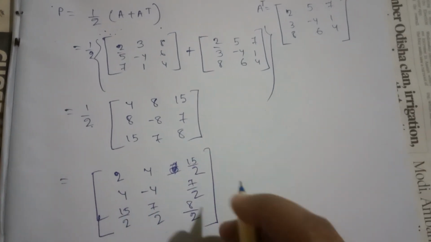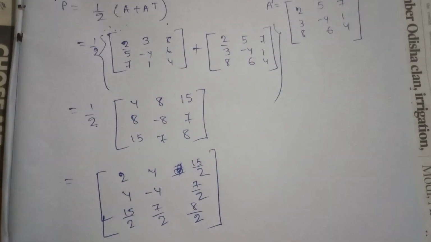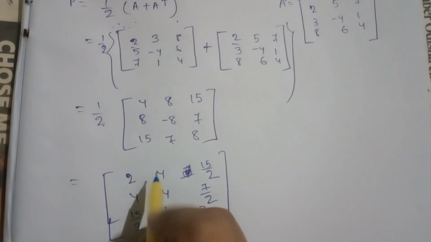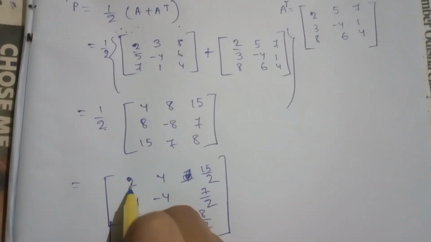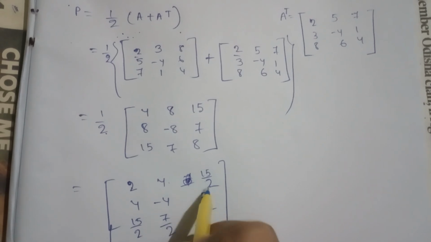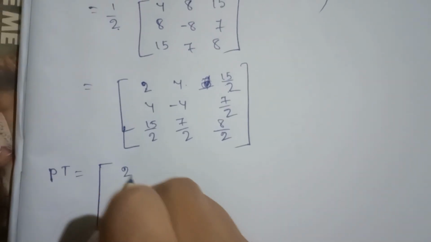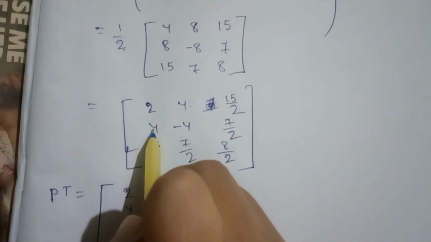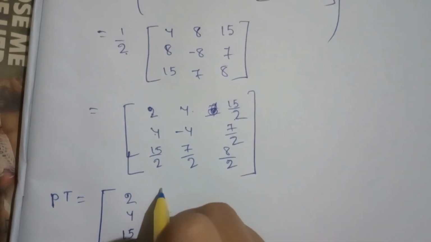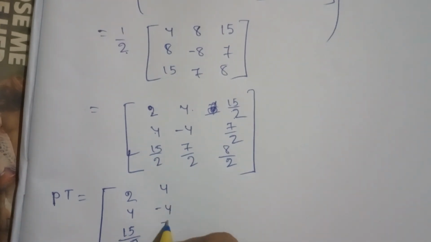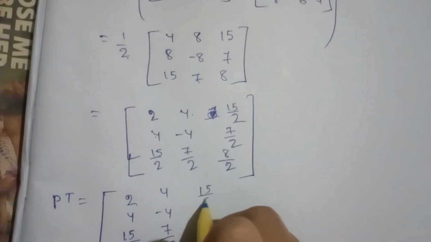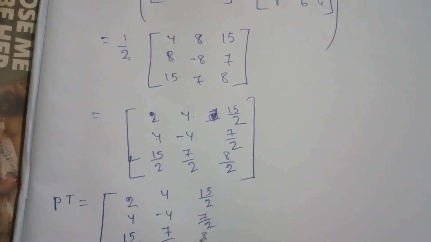Then we find the value of P transpose. The first row 2, 4, 15/2 will be the first column, the second row 4, -4, 7/2 will be the second column, and the third row 15/2, 7/2, 4 will be the third column.